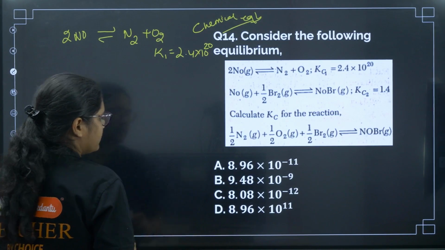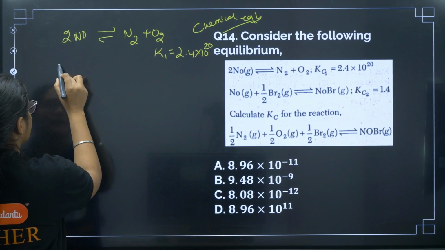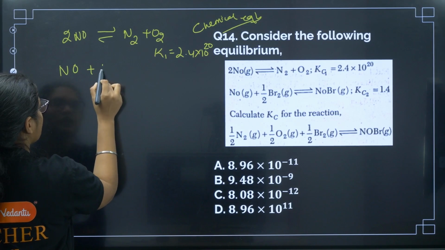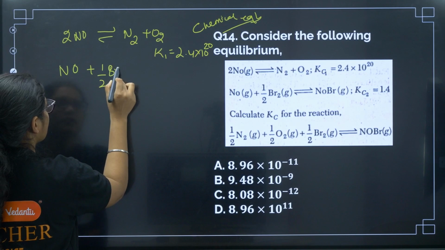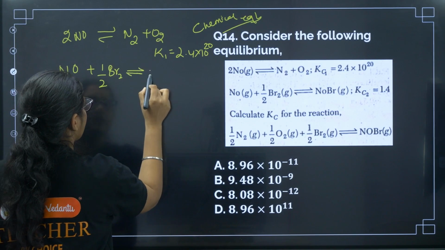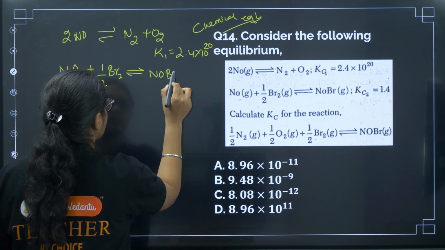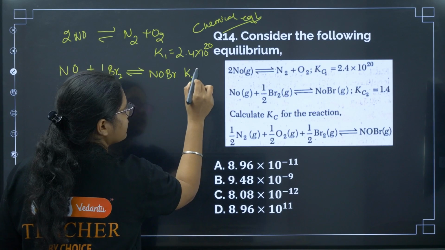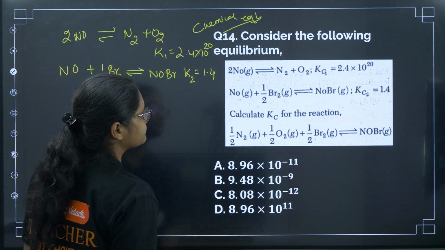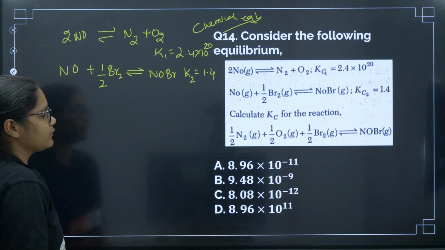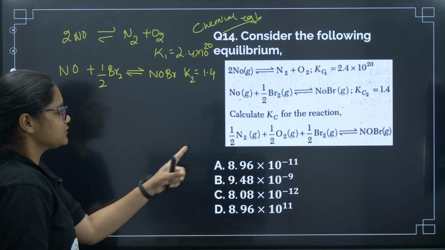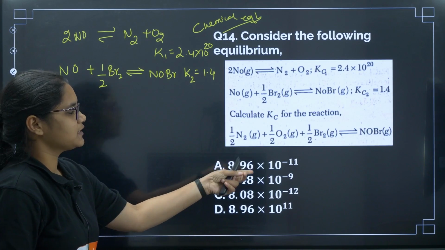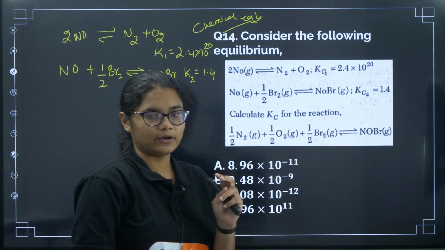Next reaction is NO plus half Br2 gives us NOBr. K2 value is 1.4. Now you have to calculate the Kc for the reaction. So the reaction given is half N2 plus half O2 plus half Br2 gives NOBr.